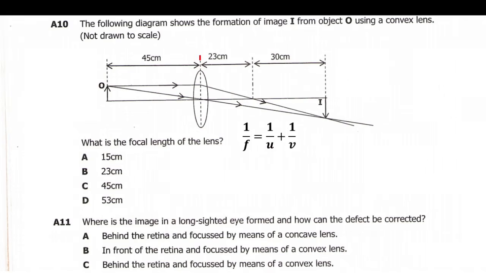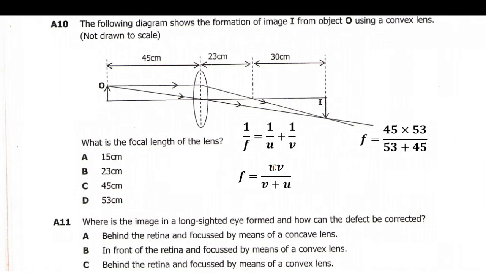So this is the object, this is the center of the lens, the distance is 45 centimeters, plus 1 over v, which is the distance of the image from the center of the lens. Then when we substitute, we make f, the focal length, the subject of the formula. We get this formula, and then we substitute.